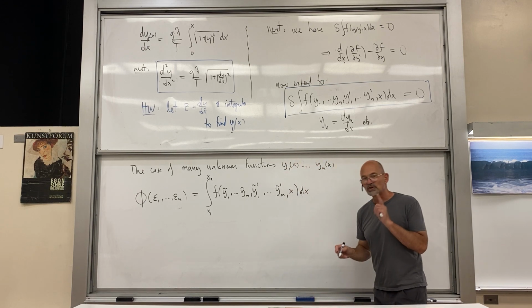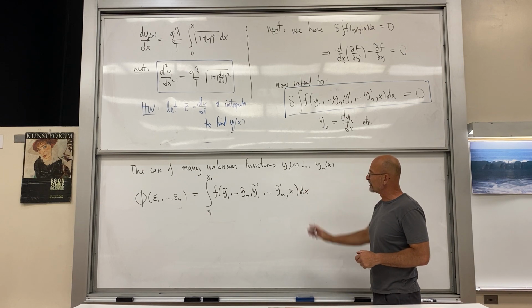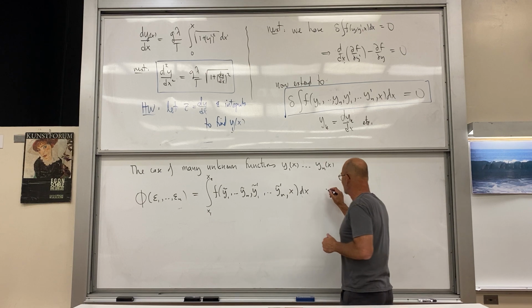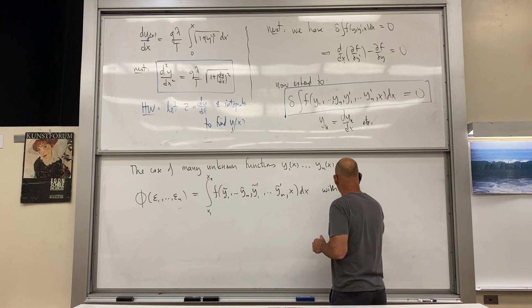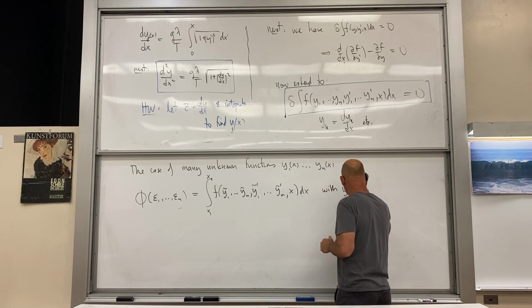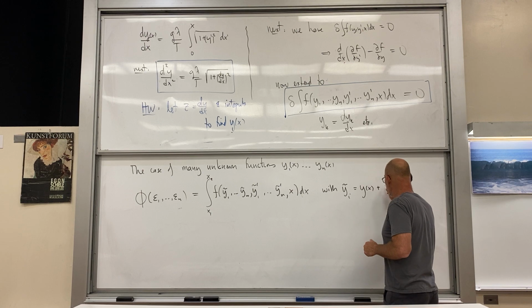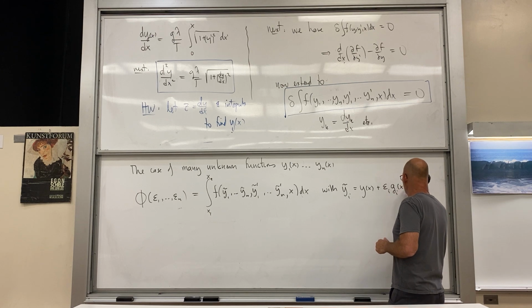So this is the same situation we had before, but many different variables. I'll give concrete examples of it after we get the formalism out. And with y sub I tilde is equal to y of x plus epsilon sub I g sub I of x.